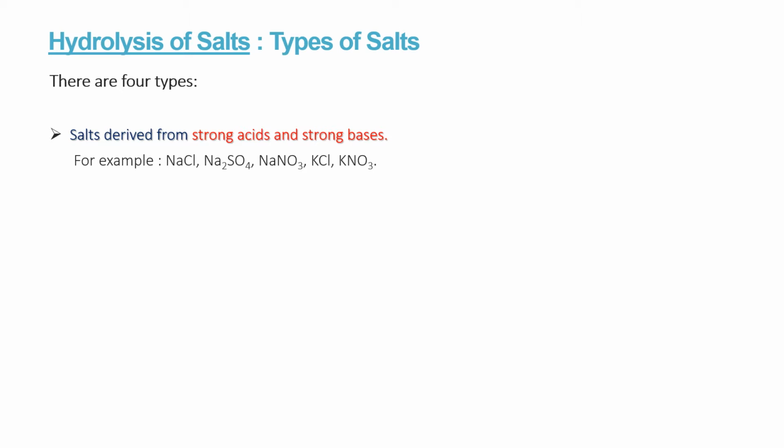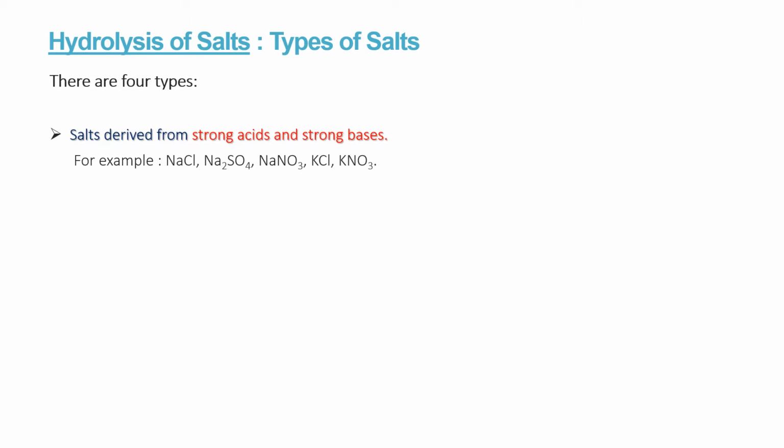Now next example is Na2SO4. Now Na2SO4 is formed due to NaOH and H2SO4. Similarly, NaNO3 is formed due to NaOH and HNO3. KCl is formed due to KOH and HCl.